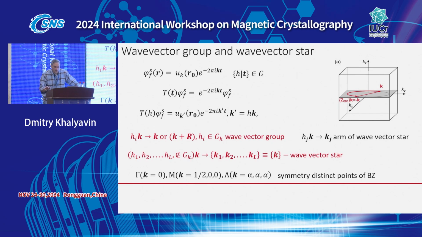Okay, just to refresh your memory, it has been explained many times, but it's essential for our talk. Just a few words about the wave-vector group and the wave-vector star.